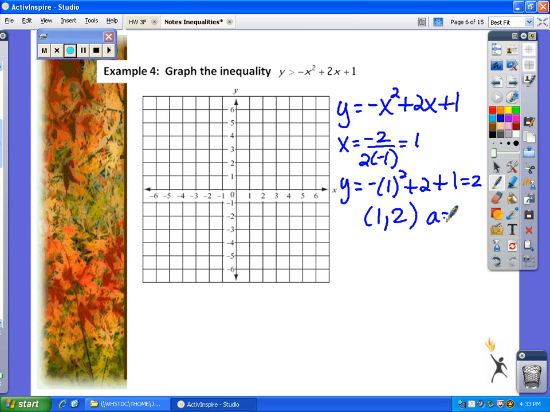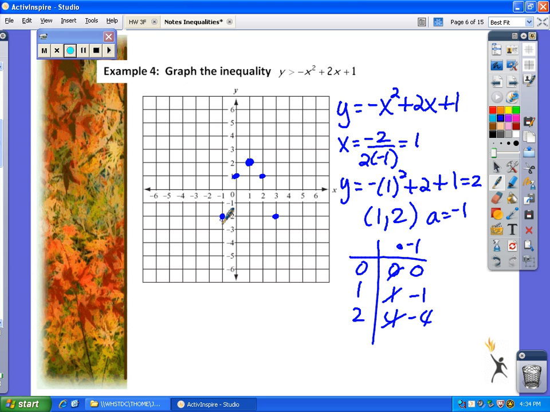Since my a is -1, I'm going to go 0, 1, 2, 0, 1, 4, multiply by -1, so 0, -1, -4 is my counting. So let's graph 1, 2, and from there I'm going to go right 1, down 1, and do the reverse, left 1, down 1, right 2, down 4, and left 2, down 4.